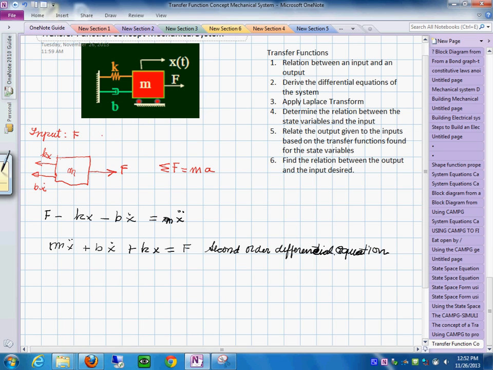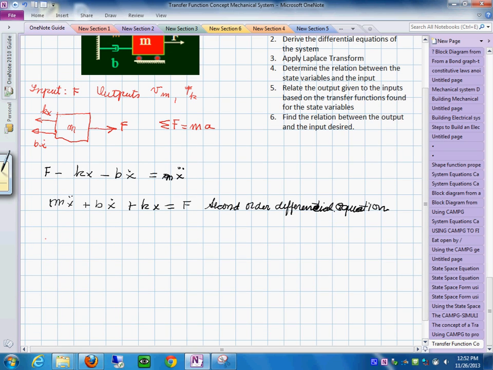This is F. What are my outputs? For example, in here we could say the velocity of the mass, velocity of m, and the force acting on the spring. Yeah, these are the outputs.